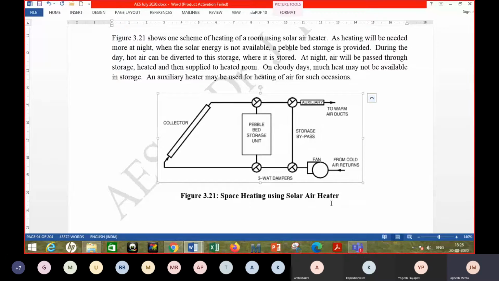During the daytime the occupancy may also be less, and temperatures are somewhat higher, so mainly the heating would be required at the time of night. Now here demand and supply actually doesn't match. The solar energy is available during the daytime, and the requirement for heating is at night time.